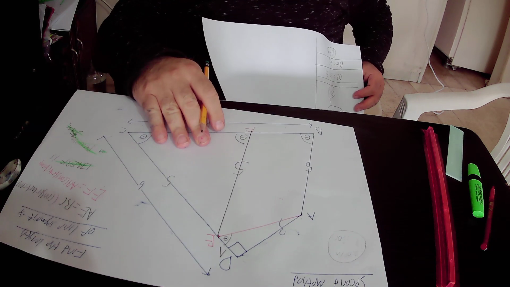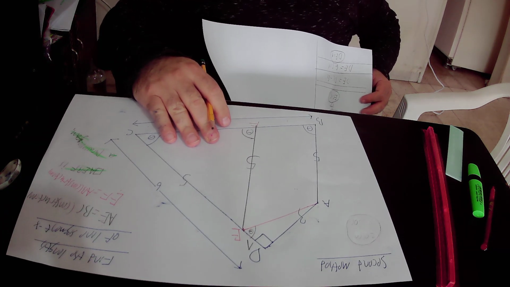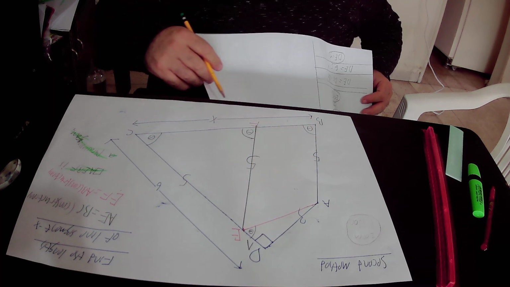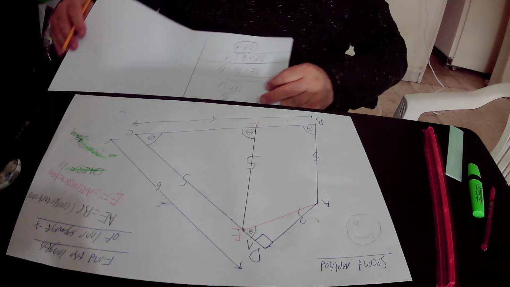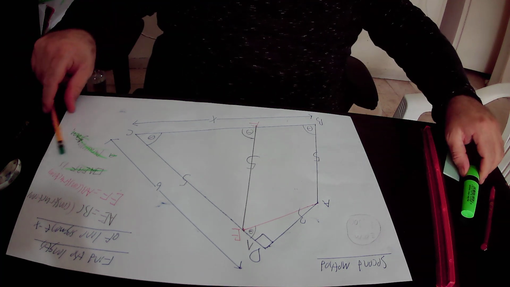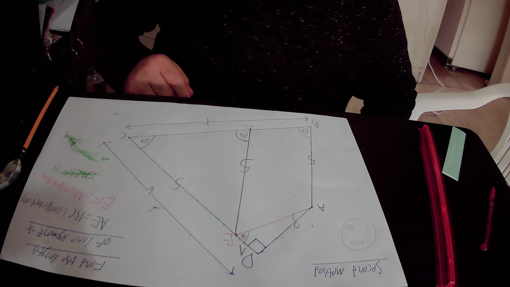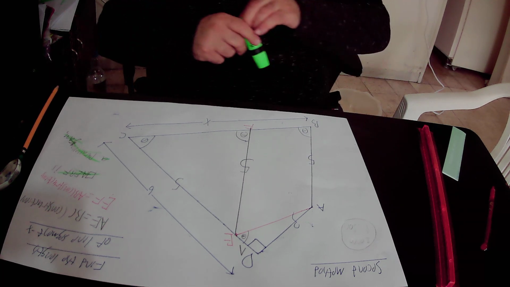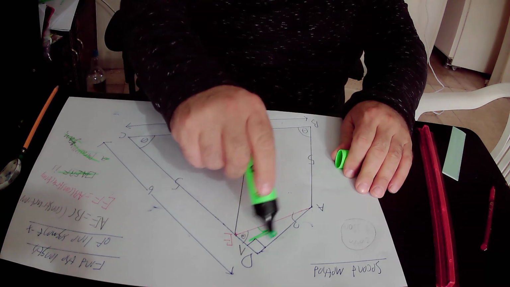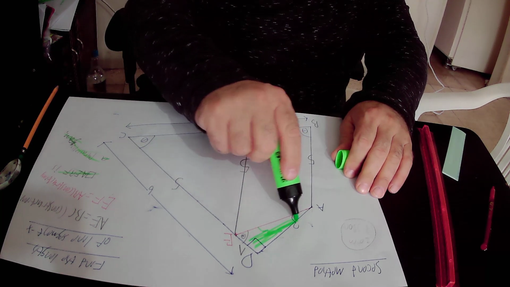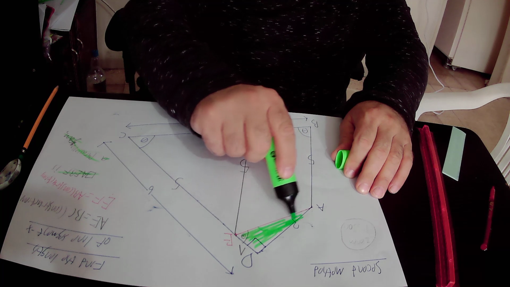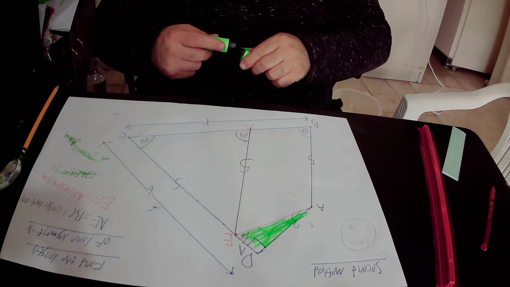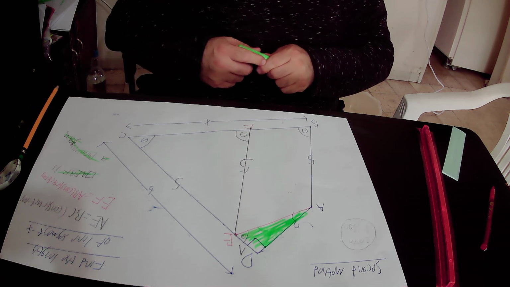Now we can implement the Pythagoras theorem on the right triangle AED in order to find out the hypotenuse AE. So here in the right-angled triangle AED, the square of the hypotenuse equals the sum of the squares of the perpendiculars.